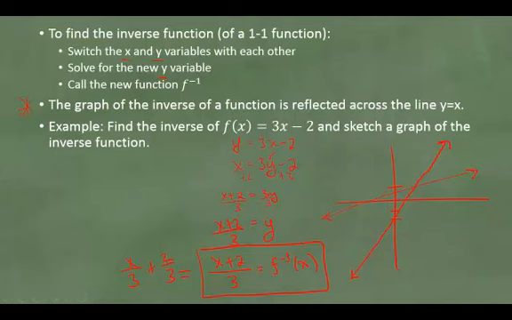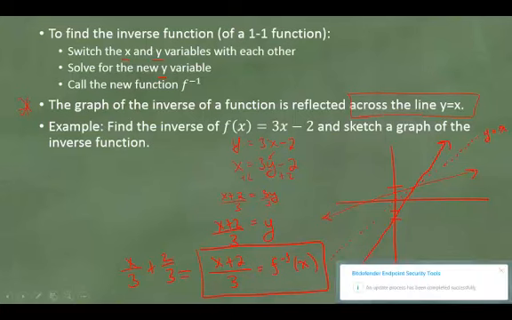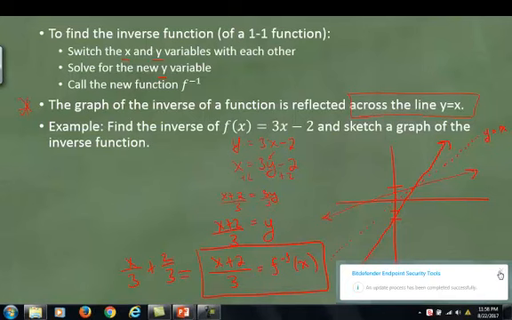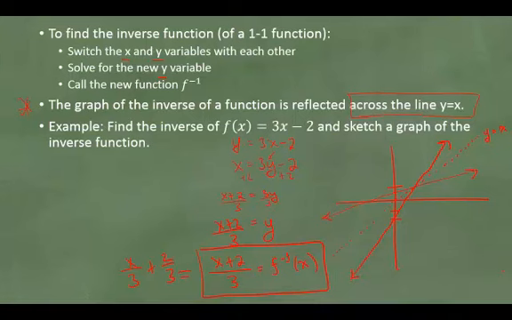This note says the graph of the inverse function is reflected across the line y is equal to x. And that's what this shows. So the line y is equal to x is this line that cuts diagonally across, down the middle.